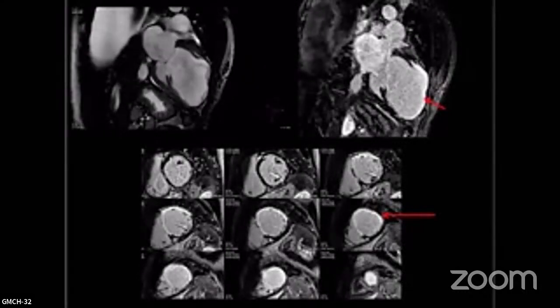This is an example where you see a very thin akinetic to dyskinetic mid to apical anterior wall. And looking at the extent of late gadolinium enhancement, you see there is extensive transmural scar, which is indicative of previous myocardial infarct.